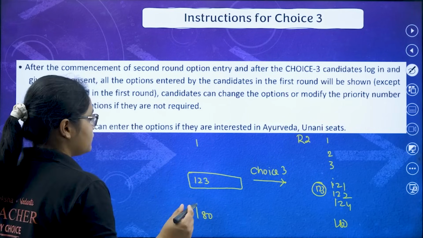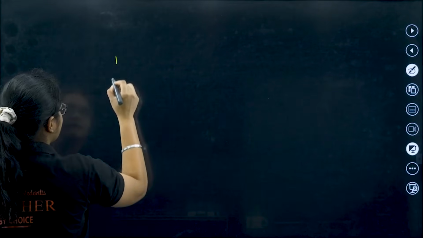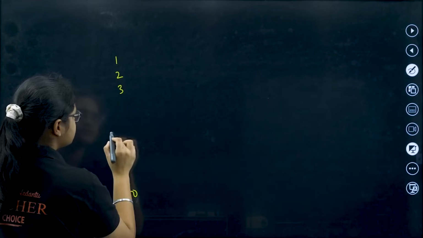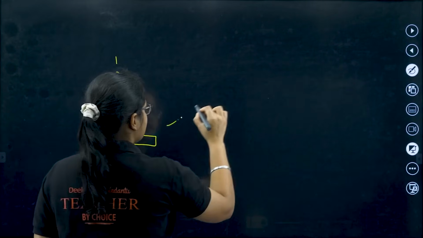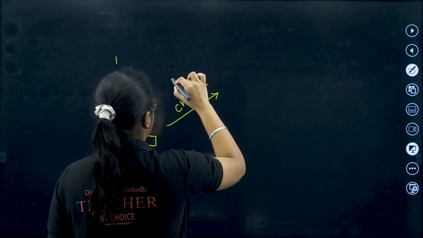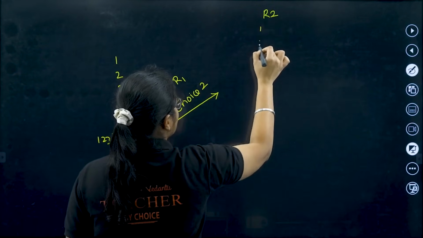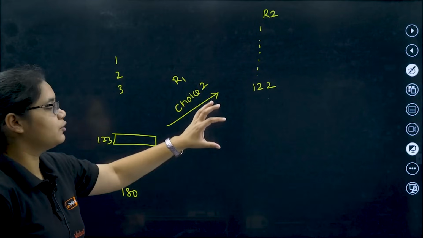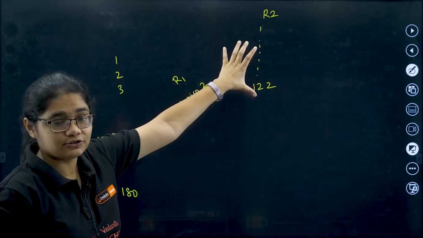So here I just want to discuss the difference once again. For example, here we have 1, 2, and you have up to 180 options. So the 123rd option is allotted to you. If you select choice 2 in round 1, then for round 2 you will have only 1 to 122 options left. You have to make your decision, rearrange and reorder your options in this range only.